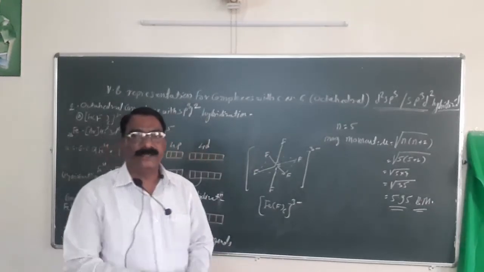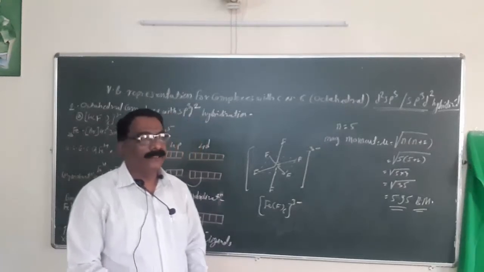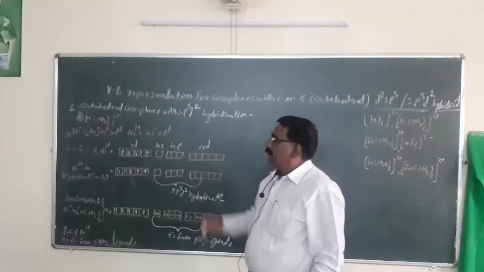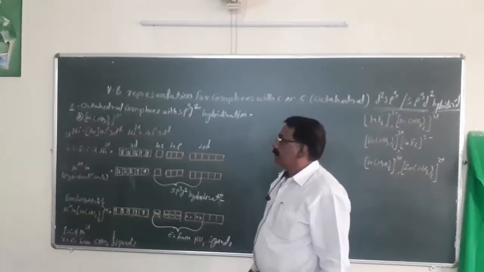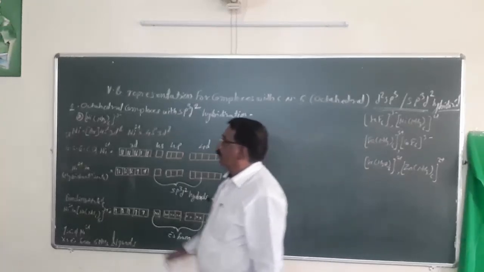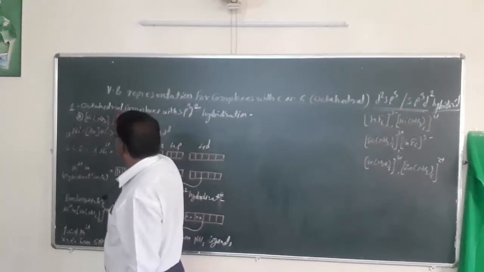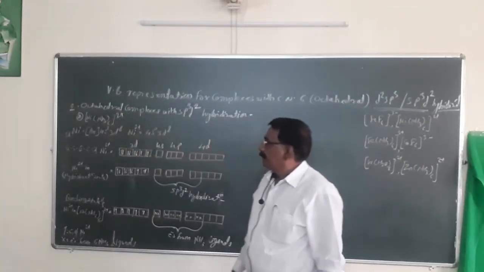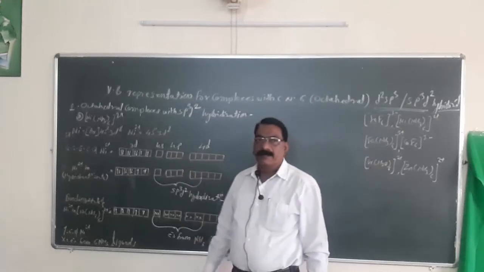Then we are going to see the second example of this, Ni(NH3)6 2 plus. Here Ni has the atomic number 28.